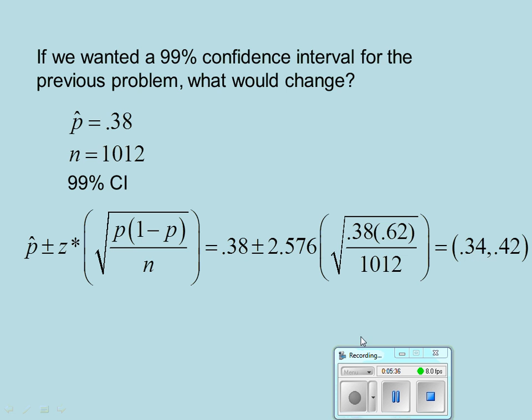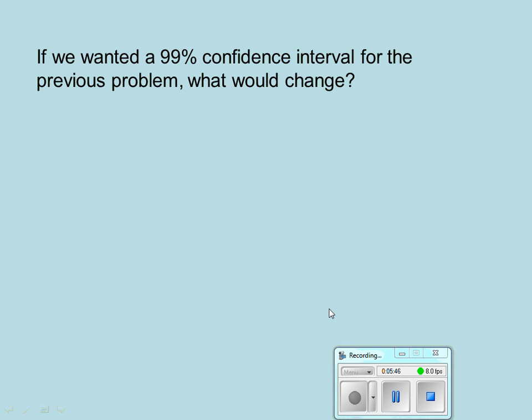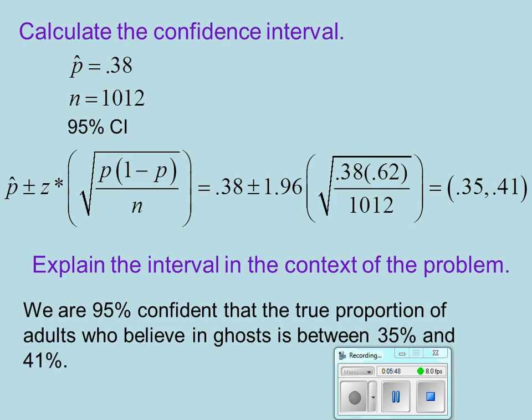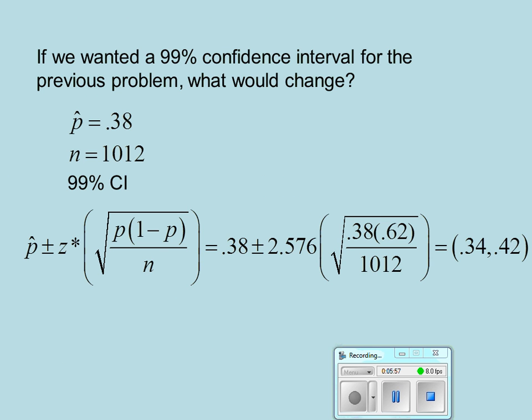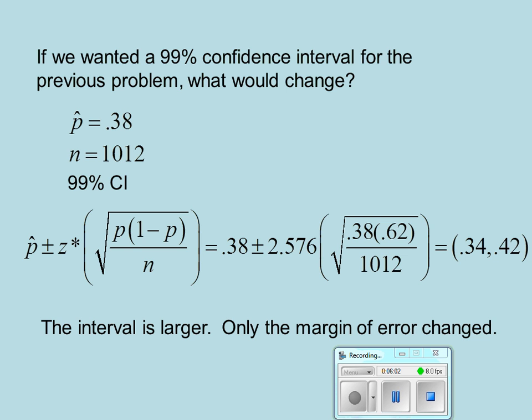But let's compare them. Here's this number, and we're adding and subtracting this value. You're comparing the previous values, 35% and 41%, versus 34% and 42%. What happened?